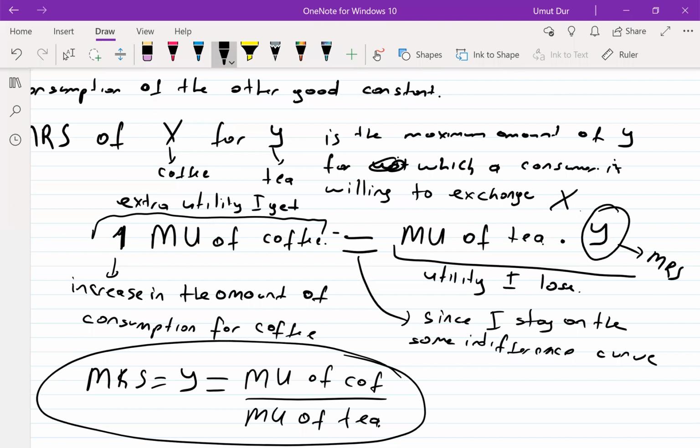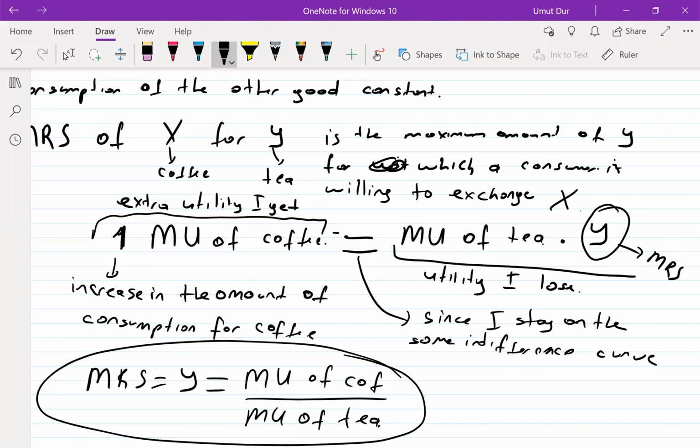I can explain the marginal rate of substitution of coffee for tea as follows: it is the maximum amount of tea that you would like to give up to get one extra cup of coffee. Since I would like to stay on the same indifference curve, I would like to get the same utility.